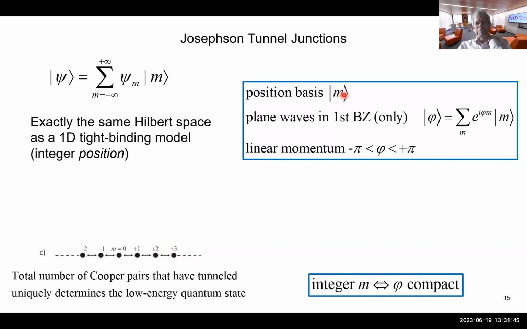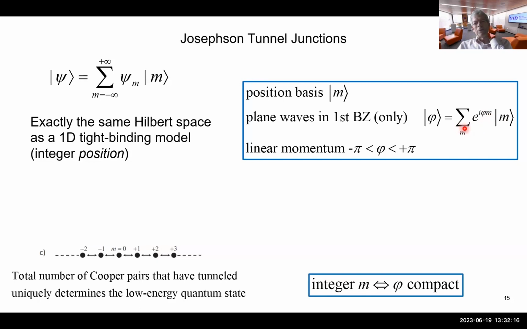There's a position basis, but the positions only take on integer values. And you can make a plane wave basis, but it only lives in the first Brillouin zone. If I choose the momentum, phi, to be a dimensionless angle, obviously if I add 2 pi to phi, this state doesn't change because m is an integer.